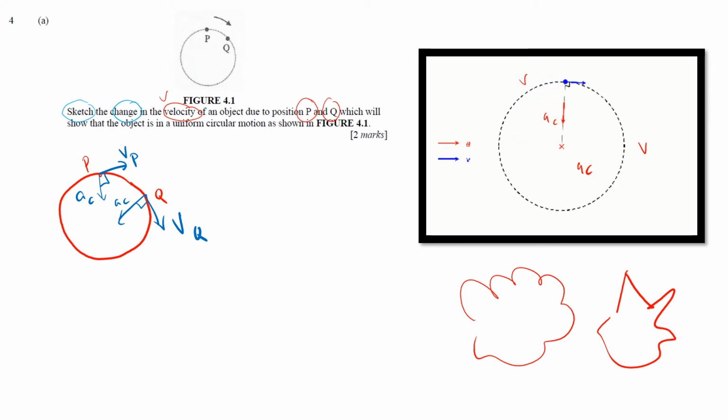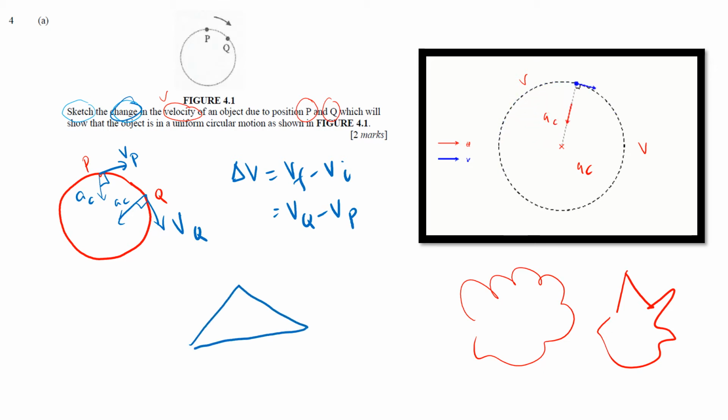From here, they ask for the change, so delta V equals V final minus V initial, which is VQ minus VP. This is the change. Our triangle will look like this. Your VP is here, moving to the right. Your VQ is moving downward.